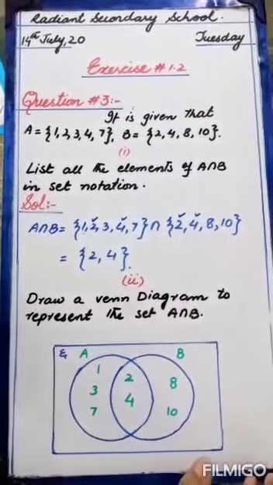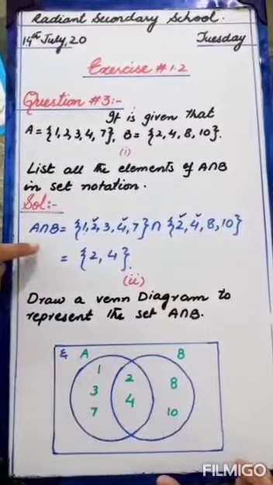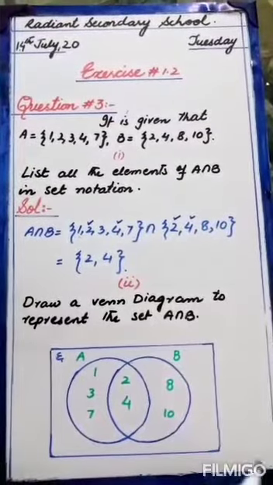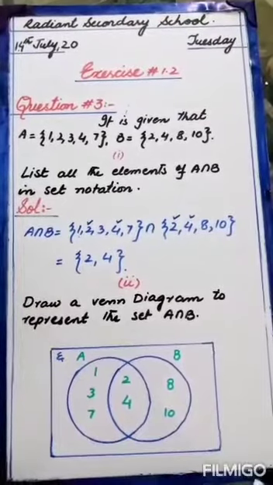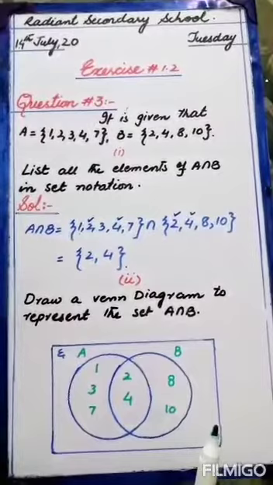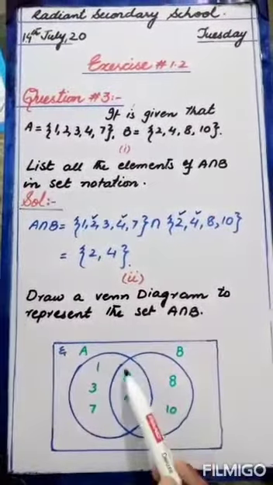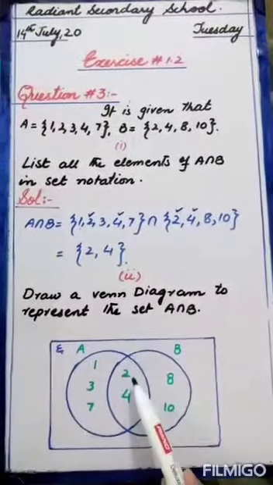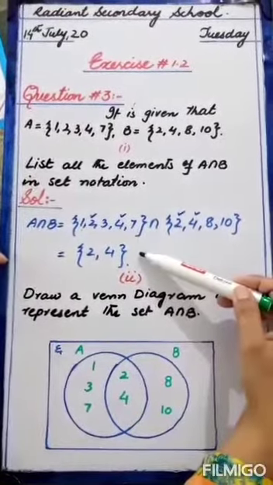We have to do the shading, because we have to represent the Venn diagram of A intersection B. So we have to represent A intersection B through our shading. The shading is a must when you have the elements. Okay, in A intersection B, what is the common area? Obviously the common area will be shaded. So what is the common area? Obviously this overlapping area is the common area, and you can see that in this overlapping area we have the elements 2 and 4, and in the tabular form we also have 2 and 4.